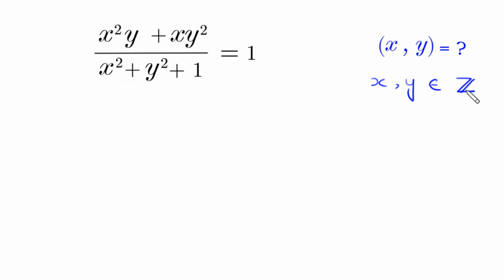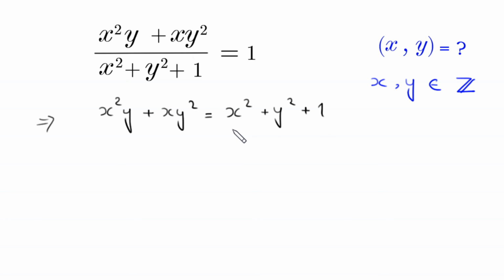So let's start. If we multiply both sides of this equation by x squared plus y squared plus 1, this implies that x squared y plus xy squared is equal to 1 times the expression x squared plus y squared plus 1.